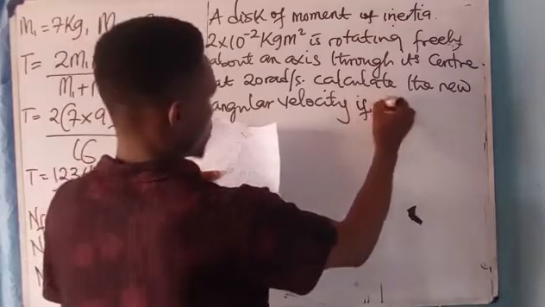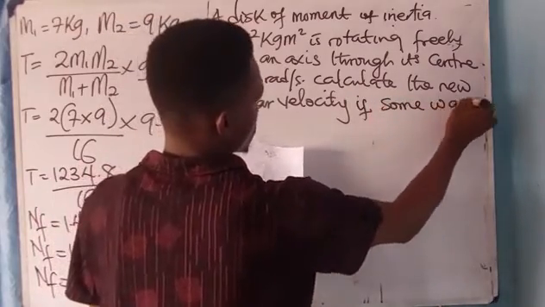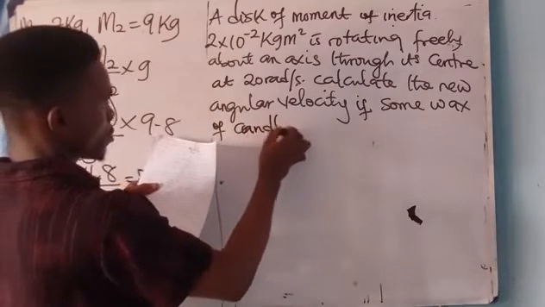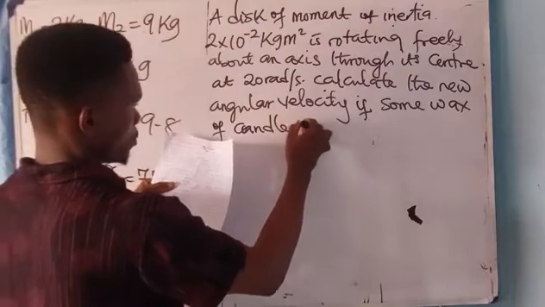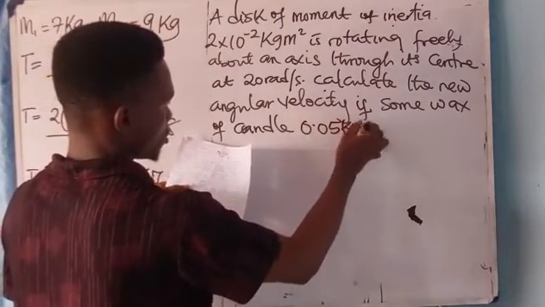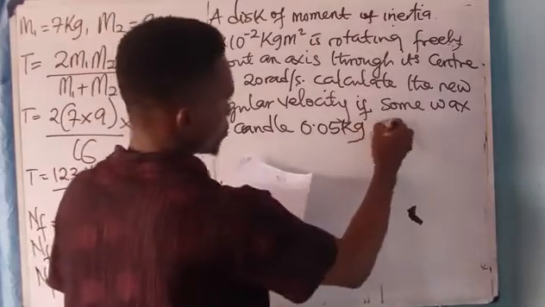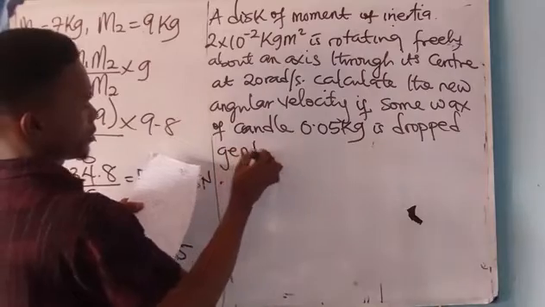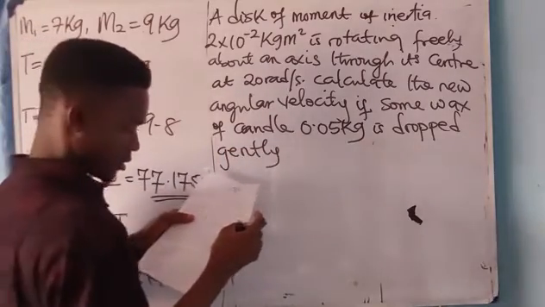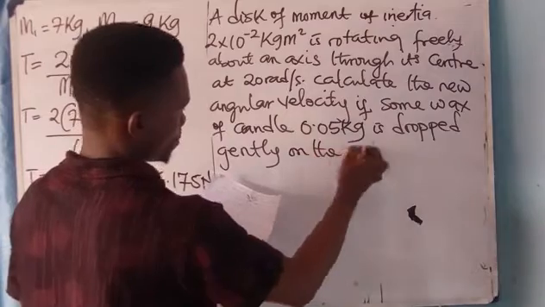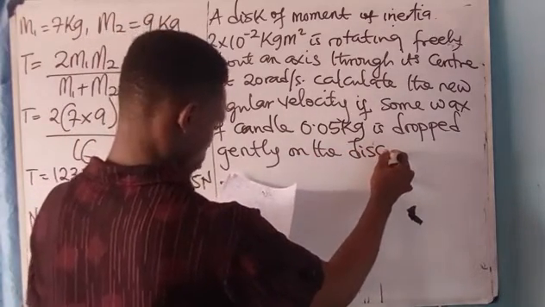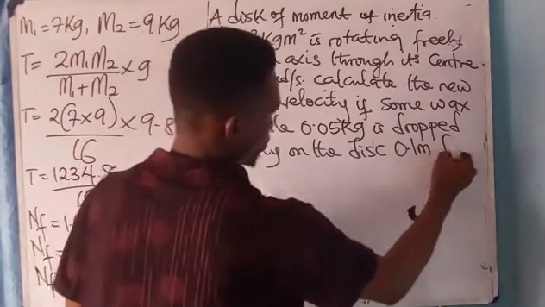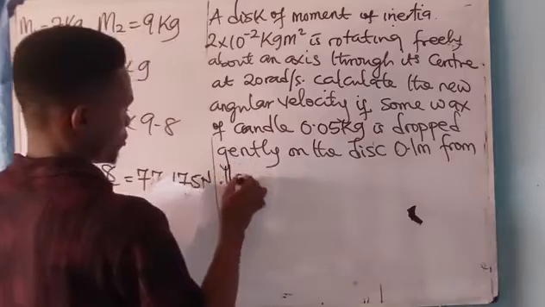If some wax of candle, 0.05 kg, is dropped gently on the disc 0.1 meter from the axis.